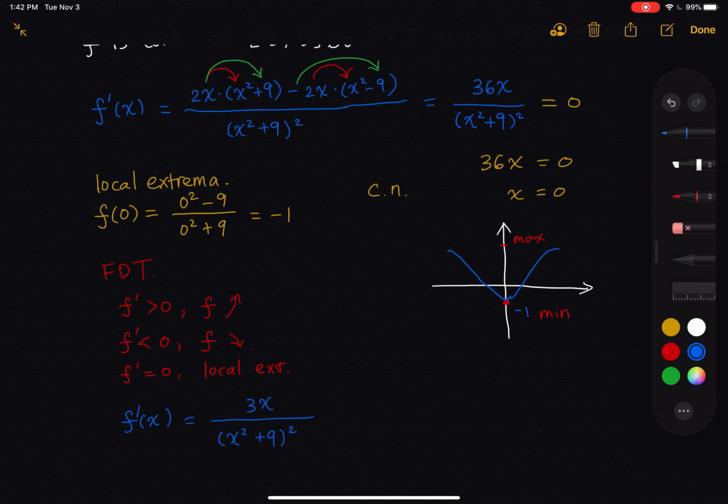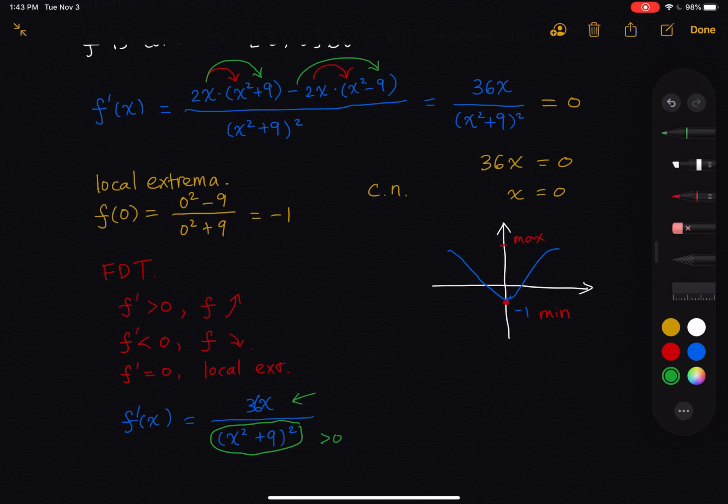So when is it greater than 0? You can take a look, okay, the bottom is greater than 0. So what determines the sign of f prime is the top. If the top is less than 0, the whole thing is less than 0. If the top is greater than 0, then f prime is greater than 0.